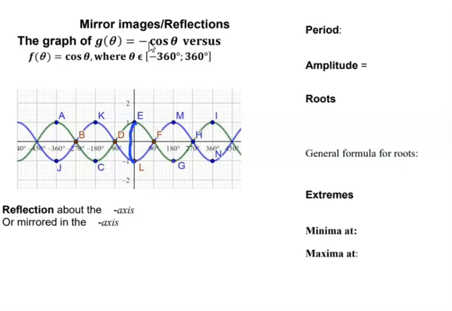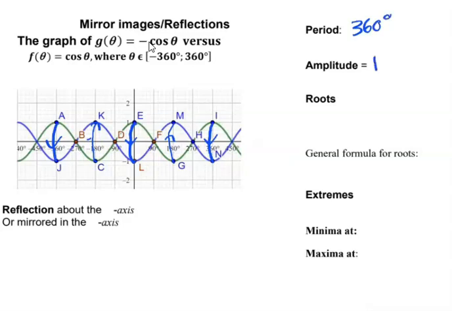If I take minus 1 and multiply, I will get plus 1. If I take that one and multiply by minus 1, I will get a negative value. If I take this one and multiply by minus, I will get it on top there, and that one will go down. So in this case, we still have a period of 360 degrees.